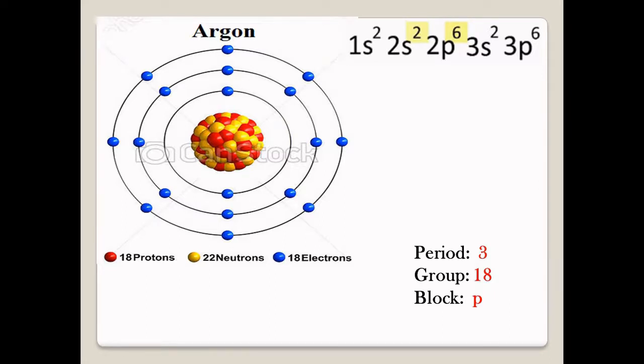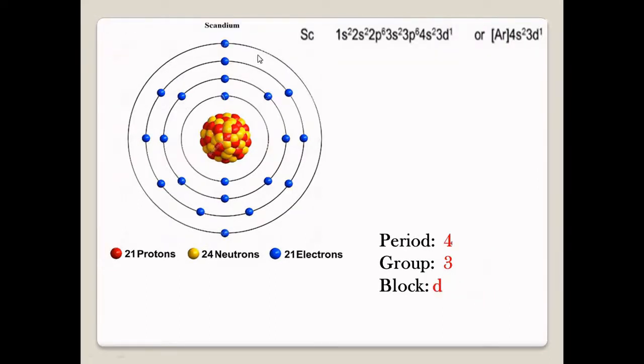Let's see another example, that is scandium. Scandium's atomic number is 21, so protons are 21, electrons are 21 and neutrons are 24. Its electronic configuration is argon 4s2 3d1, or 1s2, 2s2, 2p6, 3s2, 3p6, 4s2, 3d1.